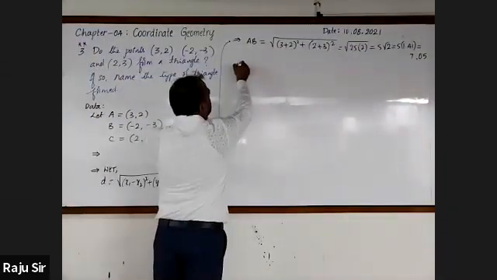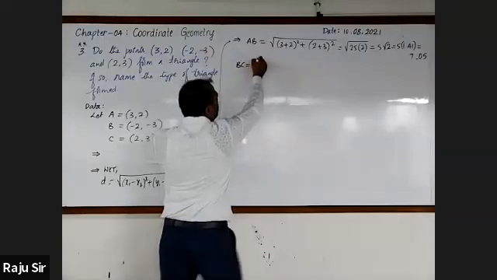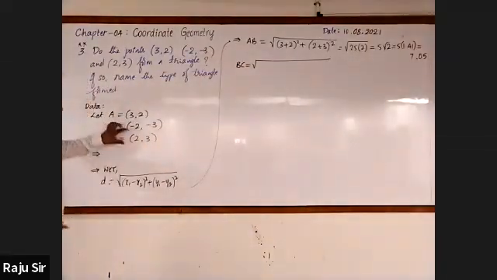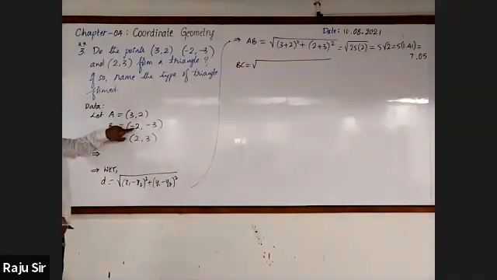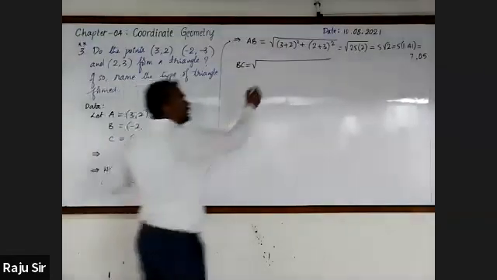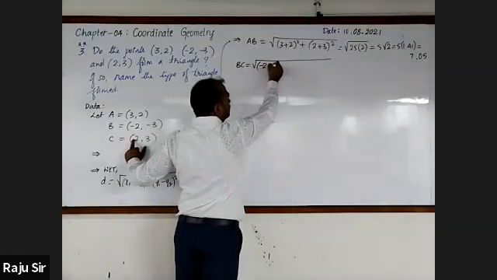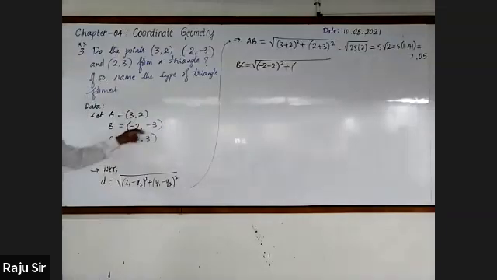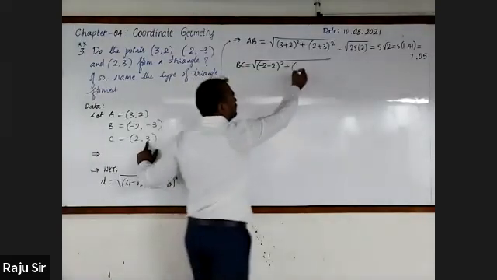Let us find out BC. Please write with me. Here x1, x2: minus 2 and plus 2 is there, so minus 2 whole square. If any doubt, please ask me. Plus y1 minus y2: minus 3 and 3 is there, minus 3 whole square.